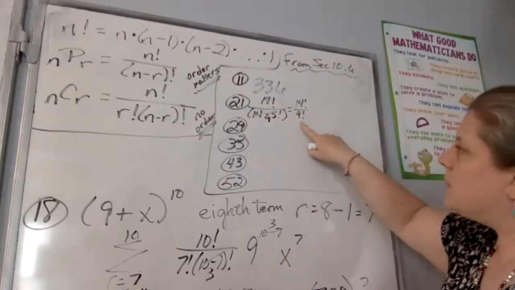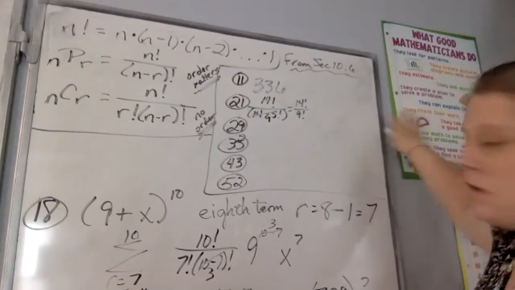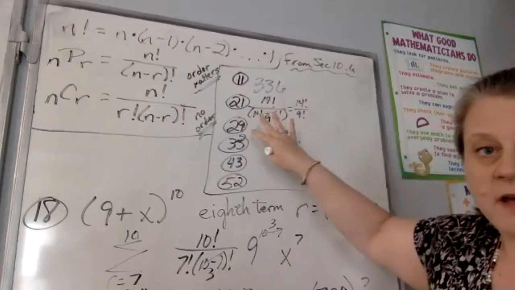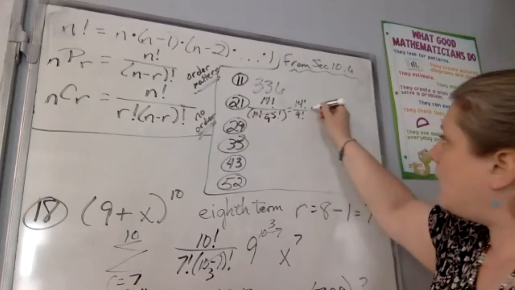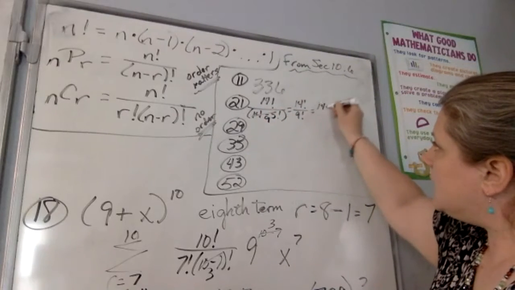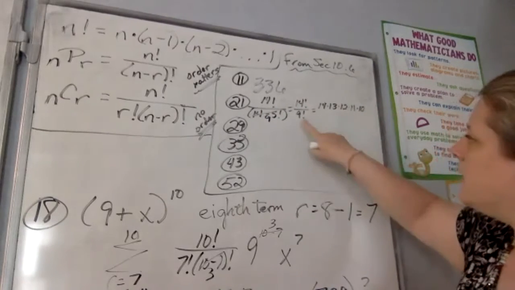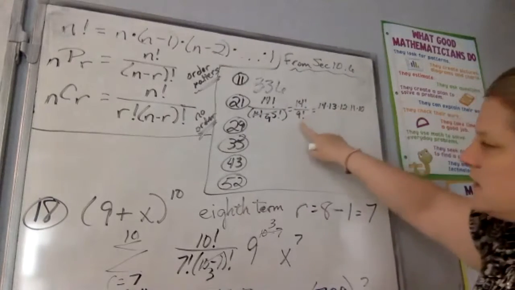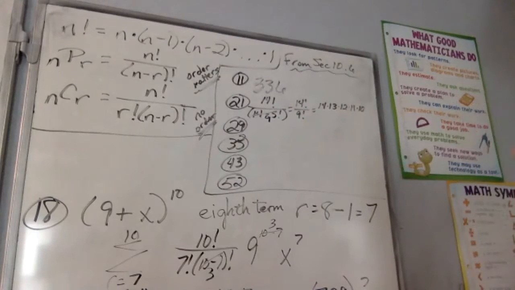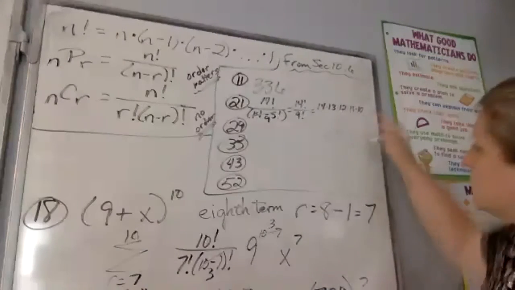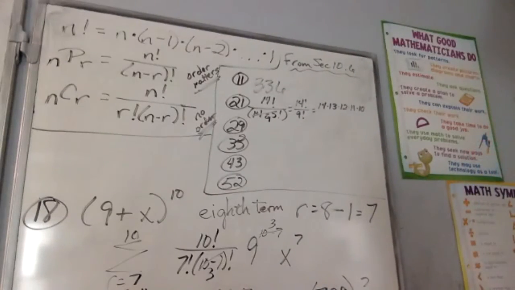So from 9 down on the top would cancel out. I would be left with 14, 13, 12, 11, and 10, because from 9 on down is going to cancel out since that's also in the bottom. So that is what you multiply together to get your answer for 21.